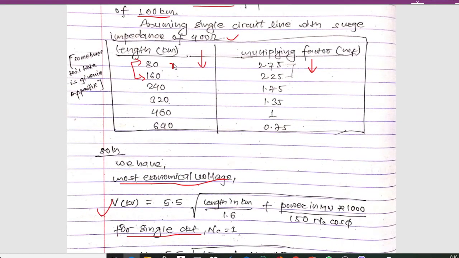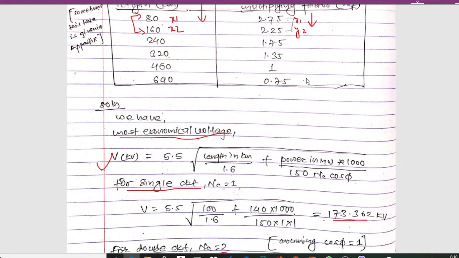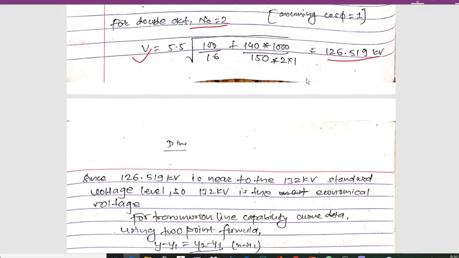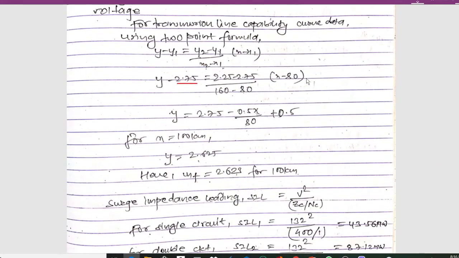This is x1, this is x2, similarly this is y1 and this is y2, and these values are substituted in the 2-point formula. So in this 2-point formula we have used y minus y1 equals y2 minus y1 upon x2 minus x1 into x minus x1. So you will get y as 2.75 minus 0.5 into x minus 80 upon 80 plus 0.5.